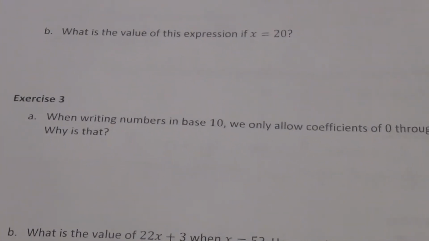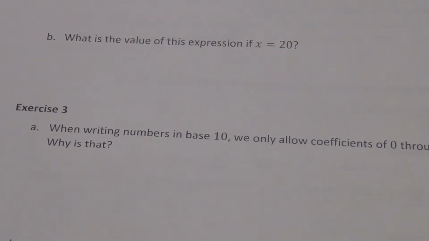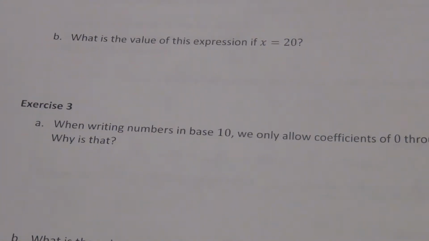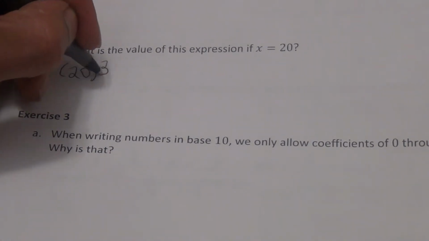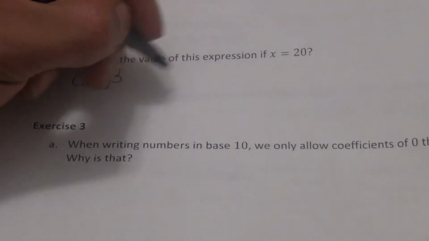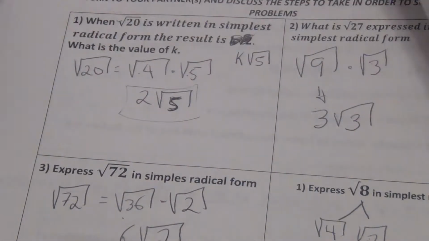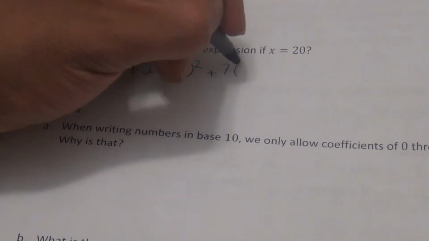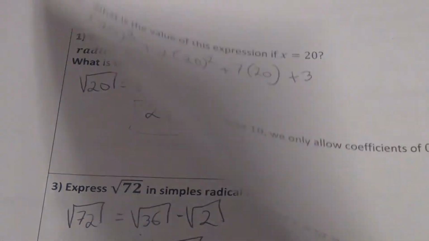So it says, what would happen if x is equal to 20? Okay, so you follow the same process. I'm gonna give you time to answer the question. So you have x to the third power, 2x squared, so you will have 2 times x squared, and then 7x plus 3.